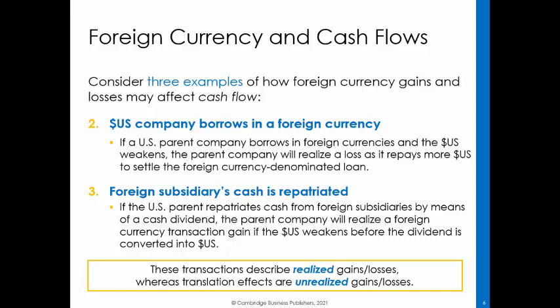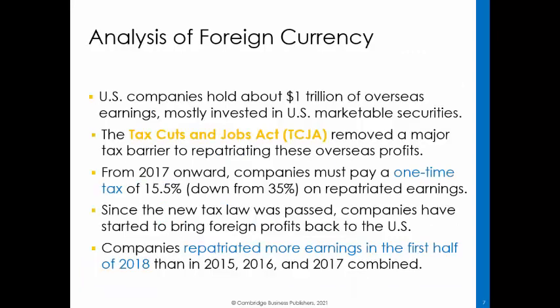All three of the situations that we have described involve realized gains and losses. However, the gains and losses occurring when the foreign subsidiary's financial statements are translated into U.S. dollars, which we described previously, are unrealized gains and losses.